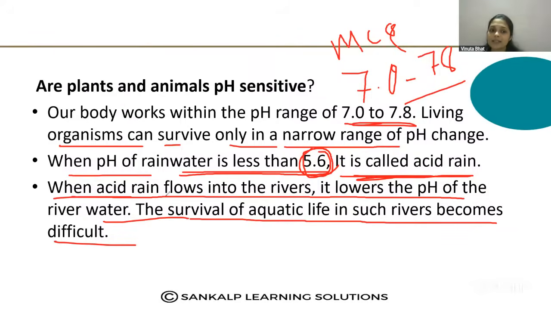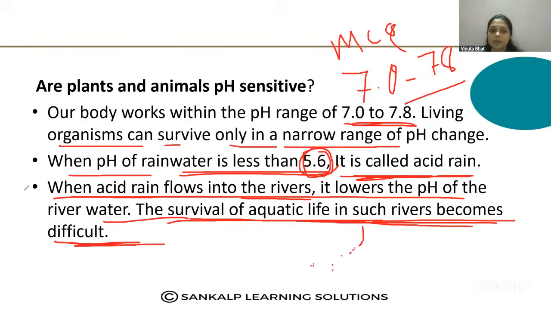When acid rain flows into rivers, that river also becomes acidic. The survival of aquatic life in such rivers becomes difficult. The aquatic organisms are not able to survive in the acidic or more acidic water.